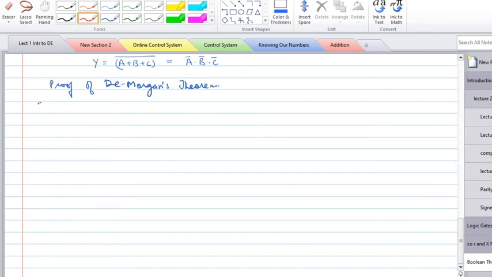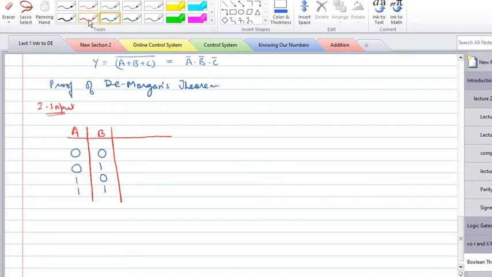Suppose two inputs are there, A and B. For two inputs, the combinations are 00, 01, 10 and 11.